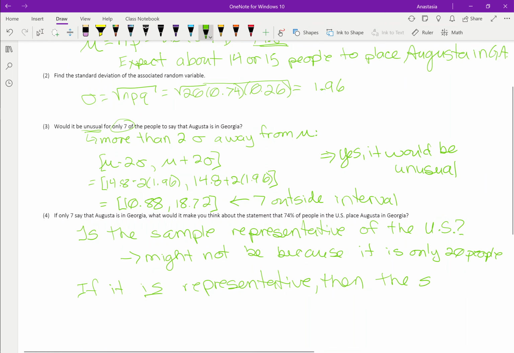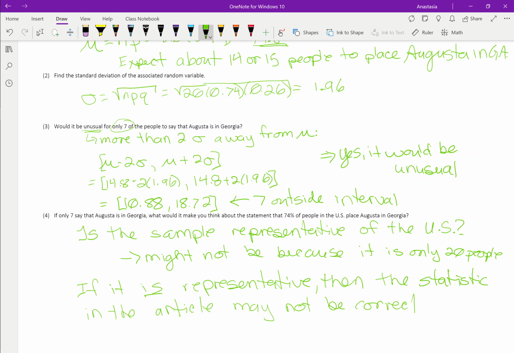So then the statistic in the article may not be correct. We don't have any information about how the Augusta Chronicle obtained this statistic, that about 74% of the people in the U.S. place Augusta in Georgia.